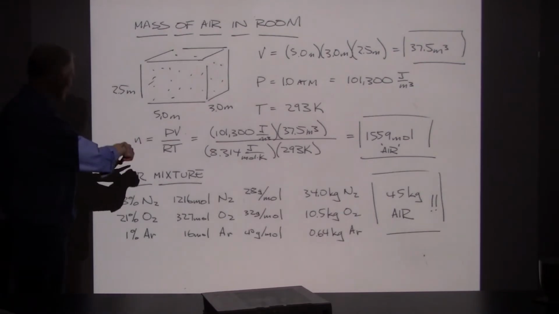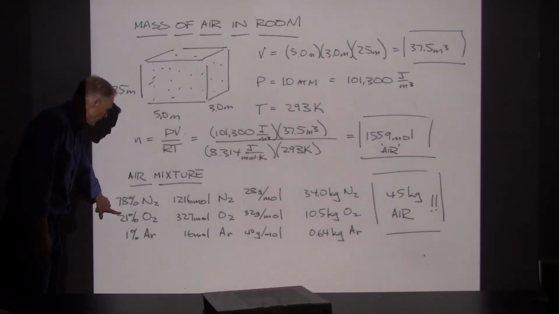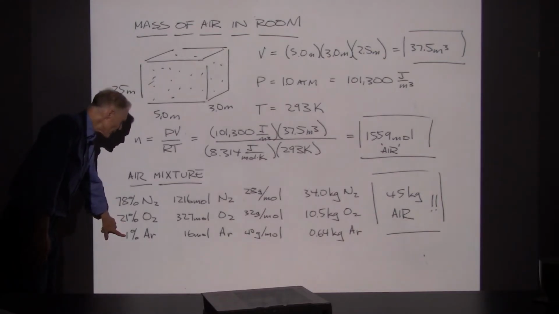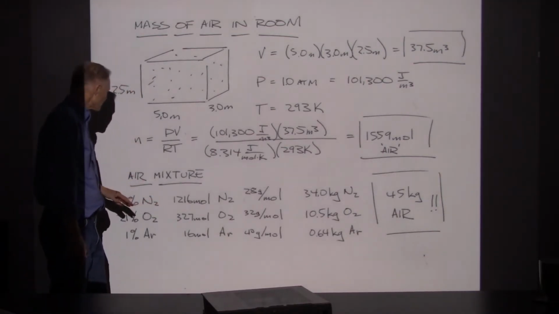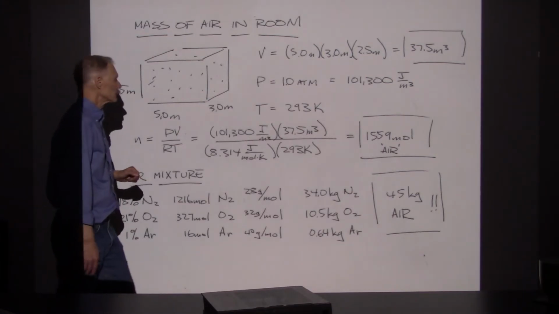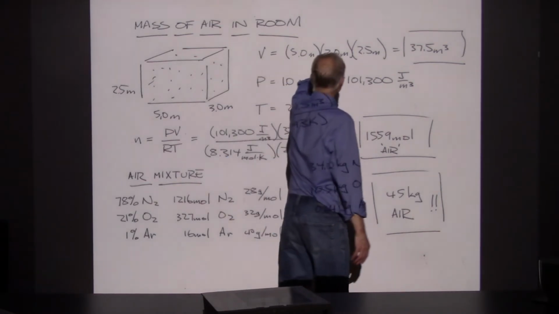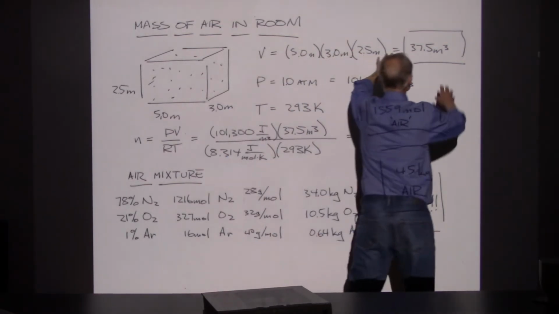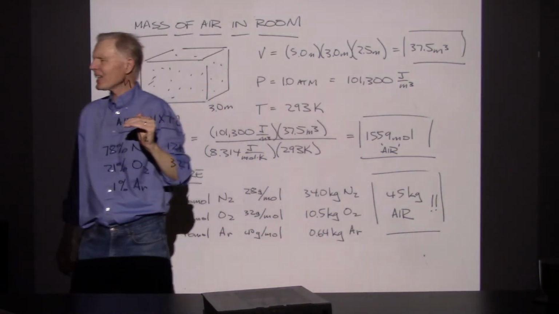Okay, and here's a reminder of what air is made out of: 78% nitrogen, 21% oxygen, 1% argon, and a variable amount of water vapor. So the volume in this room is 5 times 3 times 2.5, which is 37.5 cubic meters, not liters.